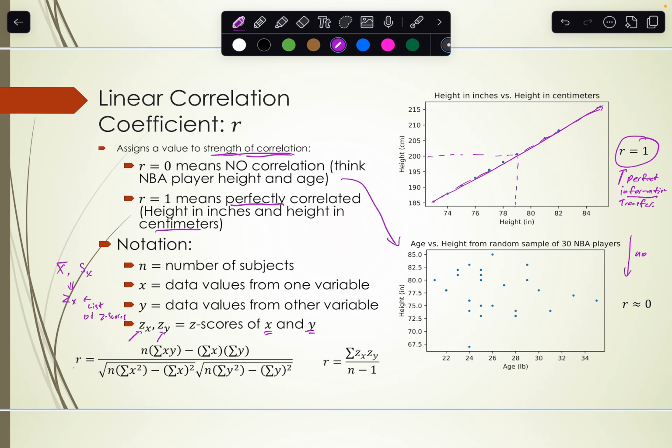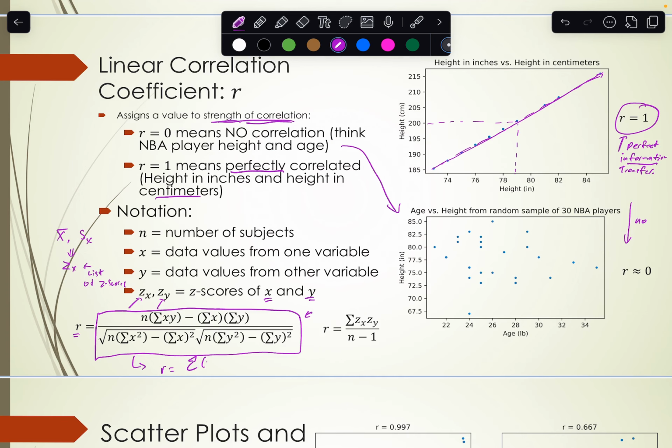Now, the Pearson correlation coefficient is defined here. R equals, and then we do this whole big formula. That's the correlation coefficient.